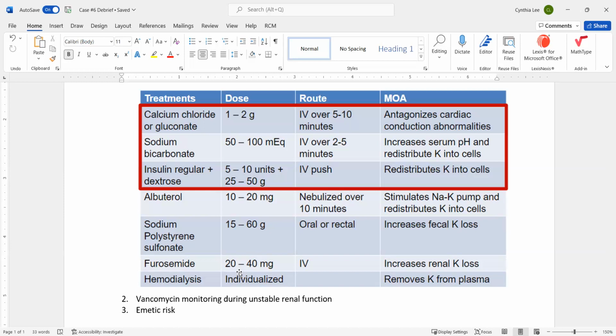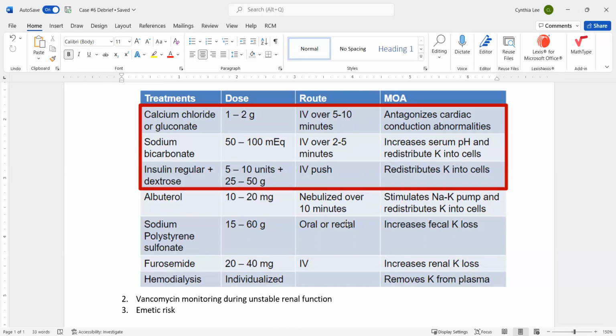And it takes some time for the patient to excrete their potassium. You want something with very fast onset. Make sure the potassium is out of the blood immediately. The other ones are probably good for more long-term, or after resolving the cardiac arrest, post-cardiac arrest care.